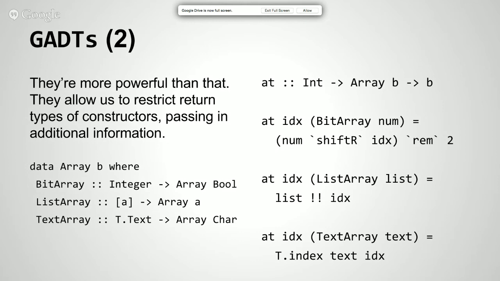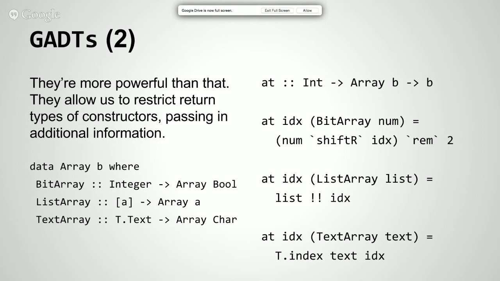And that B is kind of a phantom type, because a BitArray wrapping an integer doesn't really have bools in it. We're just using it as an interface to bools or to bits. You know, if I have a BitArray around 37, then what I really want is index 5 to be 1, index 2 to be 1, and index 0 to be 1.